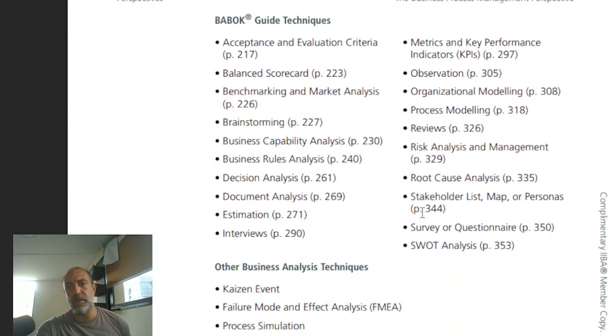Acceptance and evaluation criteria. These are the techniques: metrics, key performance indicators, observations, organization modeling, process modeling, reviews, brainstorming, business capability analysis, business rules analysis, decision analysis, root cause analysis, risk analysis, benchmarking, balanced scorecard, document analysis, estimation, interviews, survey questionnaire, SWOT analysis. Why?